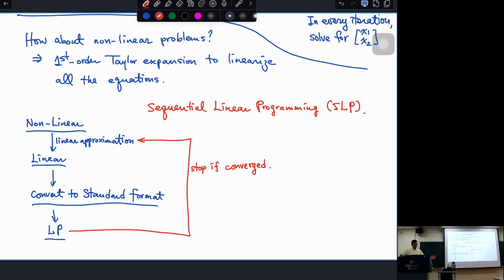Linearize, LP, do it again, linearize, LP, repeat until converge. Okay, so in your project, if you want to try some kind of sequential approach, this is the process.